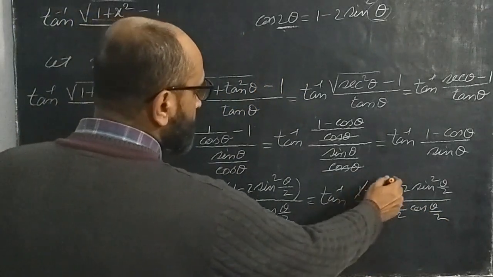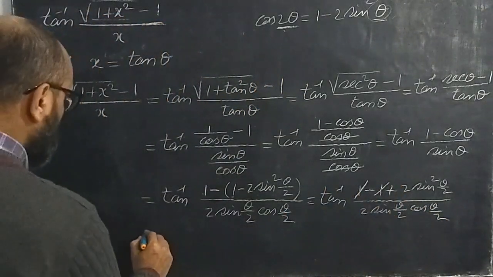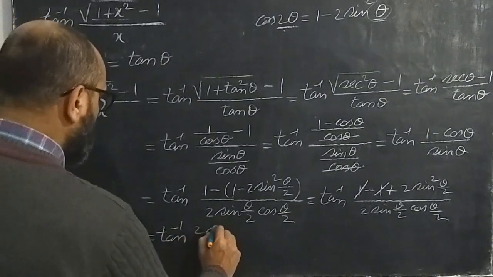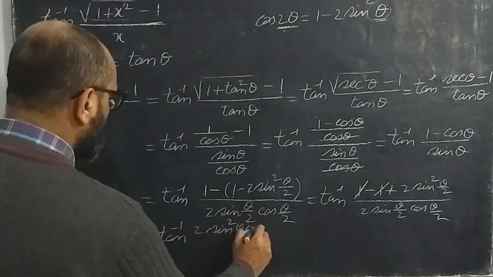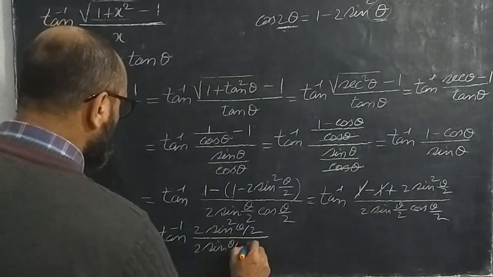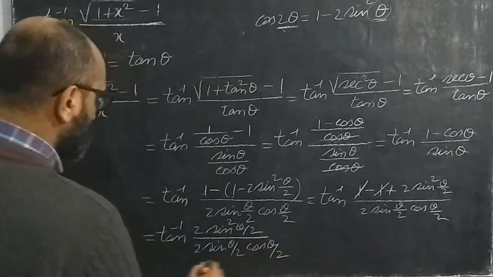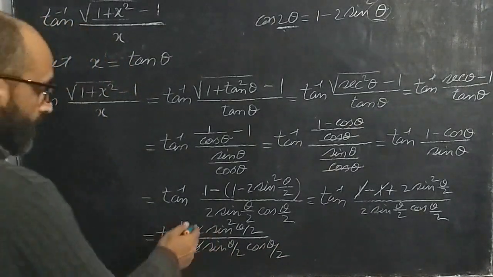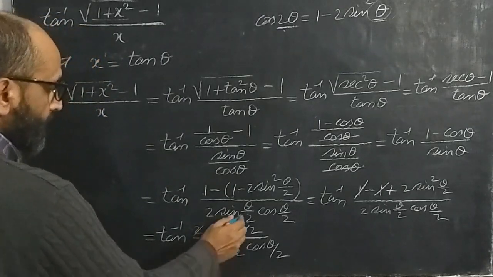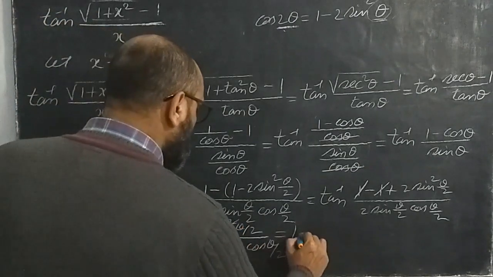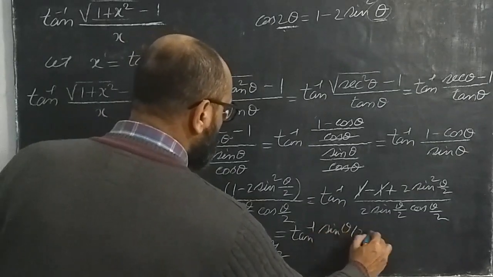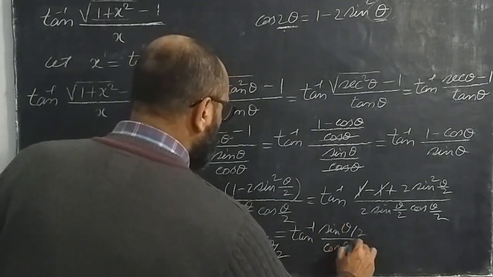Here in numerator, plus 1 minus 1 are cancelled with each other, and we get tan inverse 2 sine square theta upon 2 upon 2 sine theta upon 2 cos theta upon 2. Here 2 is cancelled by 2 from numerator and denominator, and sine theta by 2 will cancel 1 power from the numerator, so we get tan inverse sine theta upon 2 upon cos theta upon 2.